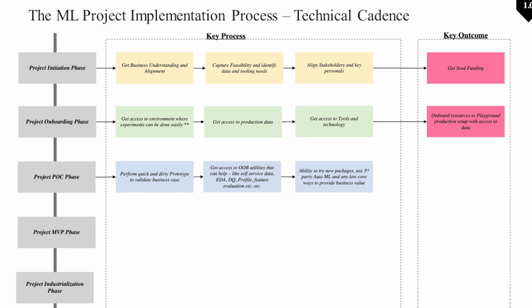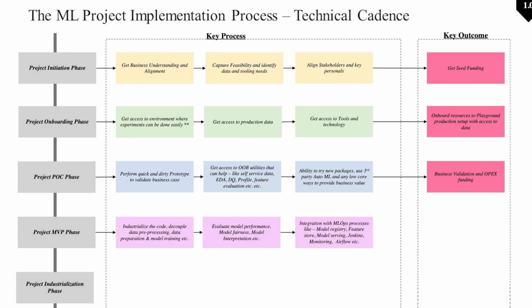We are talking about the feasibility. So through a POC, can we provide enough confidence back to the business and say, with your seed funding, we have not done a lot of coding, we have been able to get the data, do a lot of quick and dirty ways, and give you the outcome. And then the key outcome of that POC phase is the business says, yes, whatever you have delivered makes sense to me, I'll give you the OPEX funding.